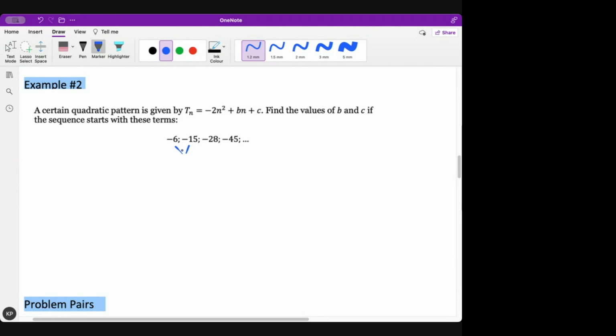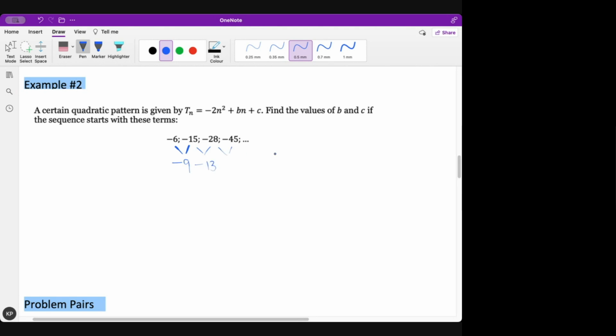Nice, Scanlon. We are indeed subtracting 9. That's why I said be careful of negative numbers. This is subtracting 9. Okay, what is my second first difference? Nice, subtracting 13.